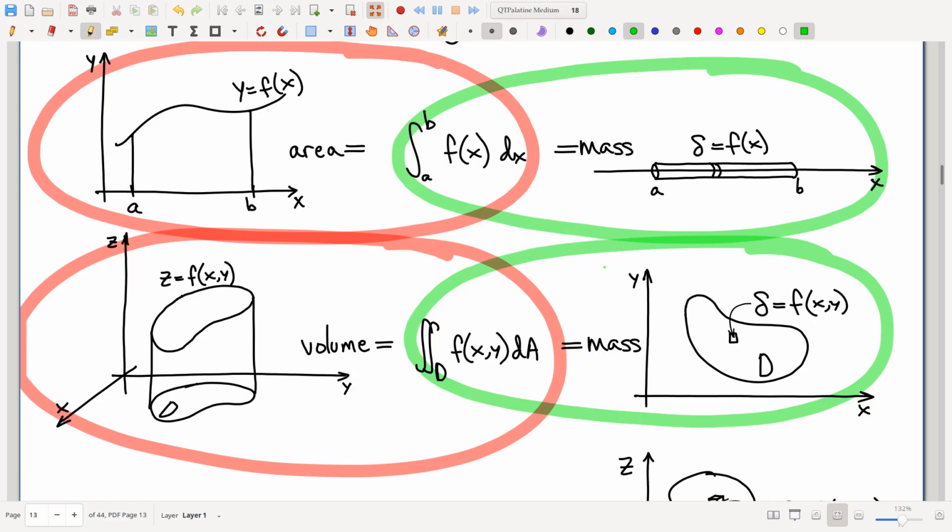Likewise with a double integral. You can think of it as maybe we have mass distributed across a two-dimensional region, and on each little piece, how much mass is in any given little piece? Well, mass per unit area times area.